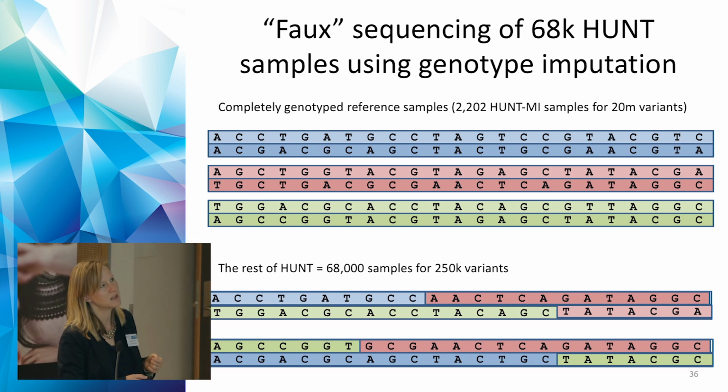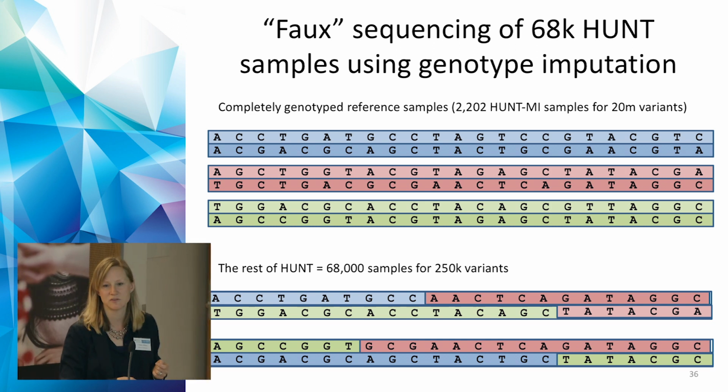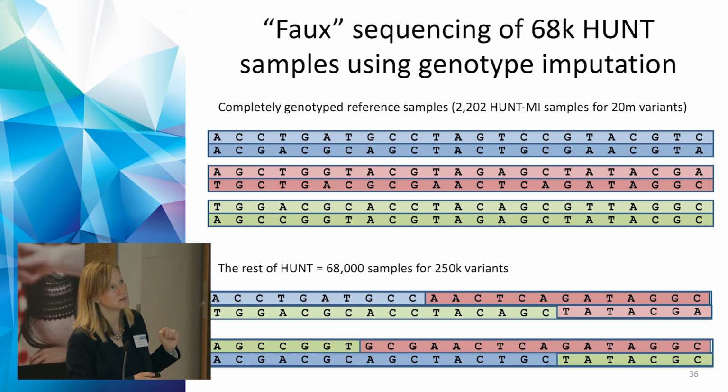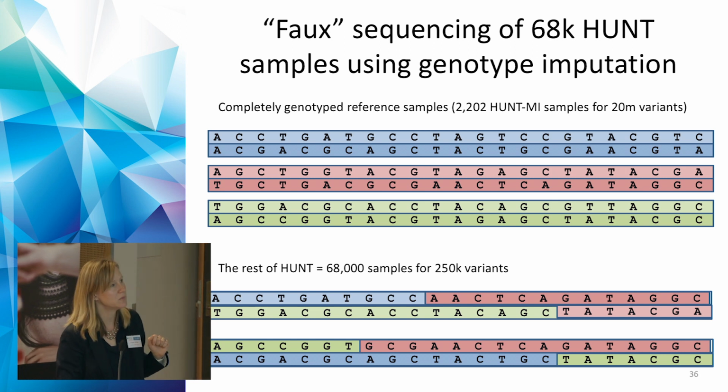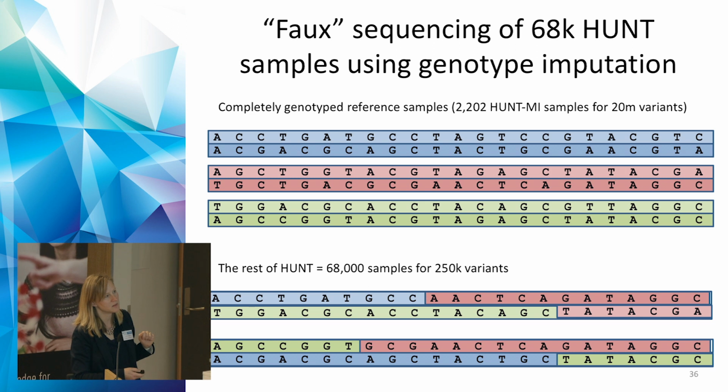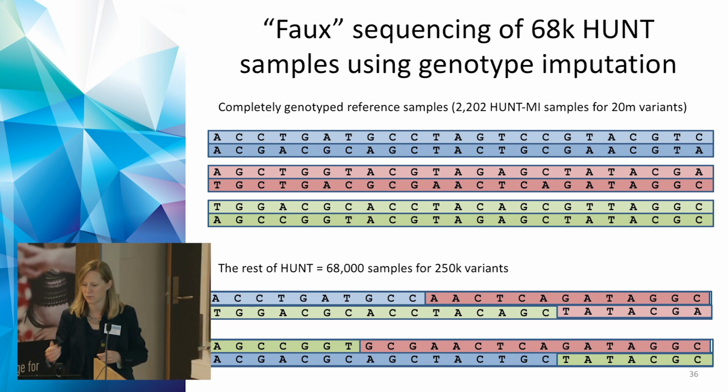But then we can take advantage of these 2,200 fully sequenced individuals. And we can actually impute the genetic information that we see here into these individuals. So it might be that this person might actually be a second or third cousin for someone that we've sequenced. And we can figure out what the genotypes should be at the places that we're missing.